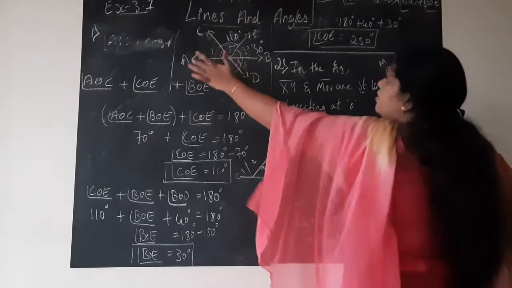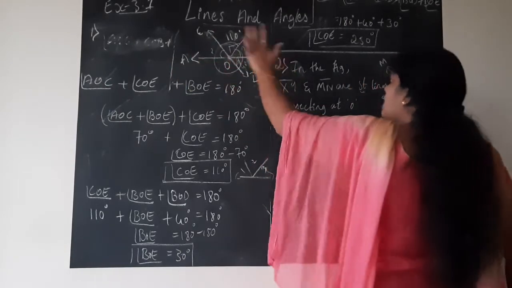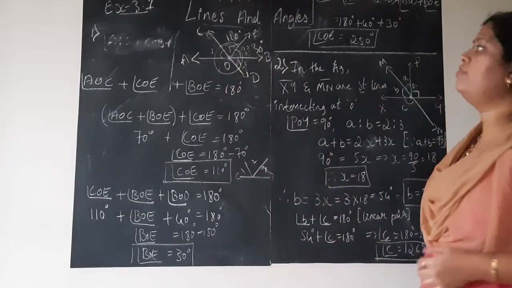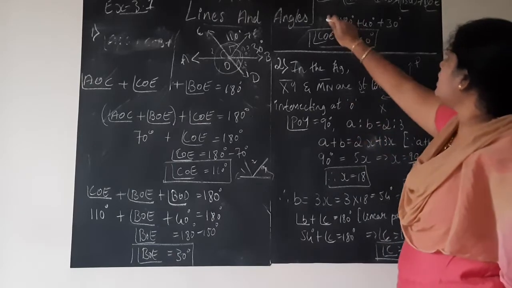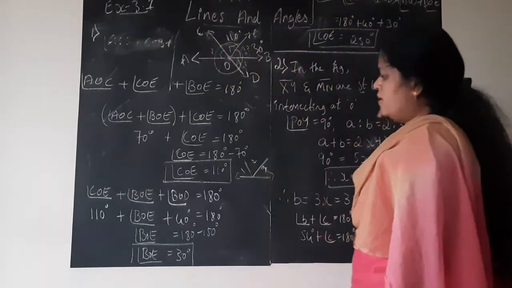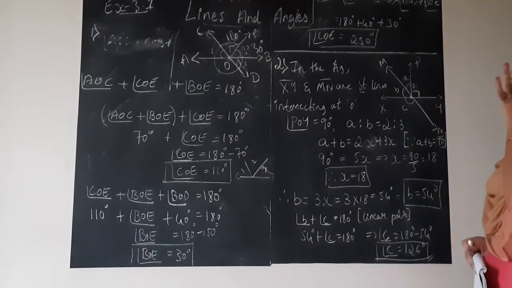Starting from AOC, AOD, DOB, BOE. All those angles, if you add, what you get is the reflex angle COE. That is what we are doing. So reflex angle COE is angle AOC plus angle AOD, which is 180 degrees.